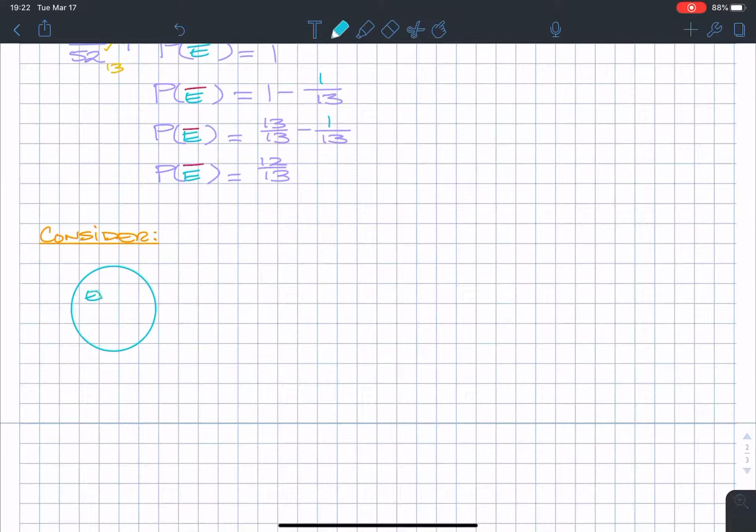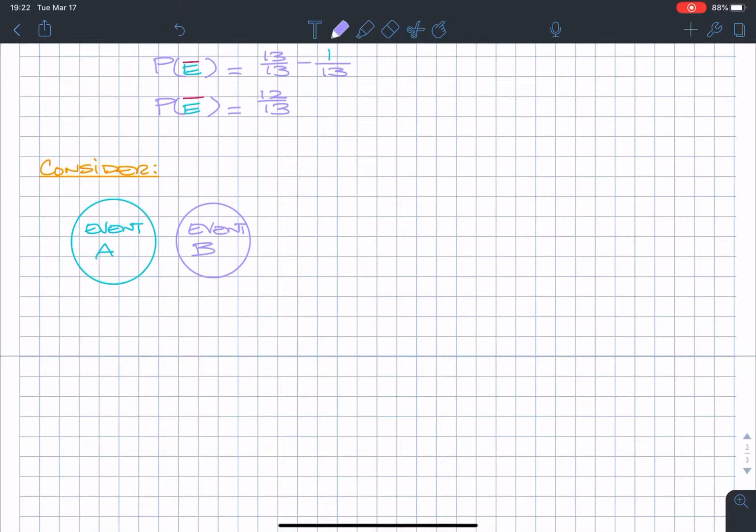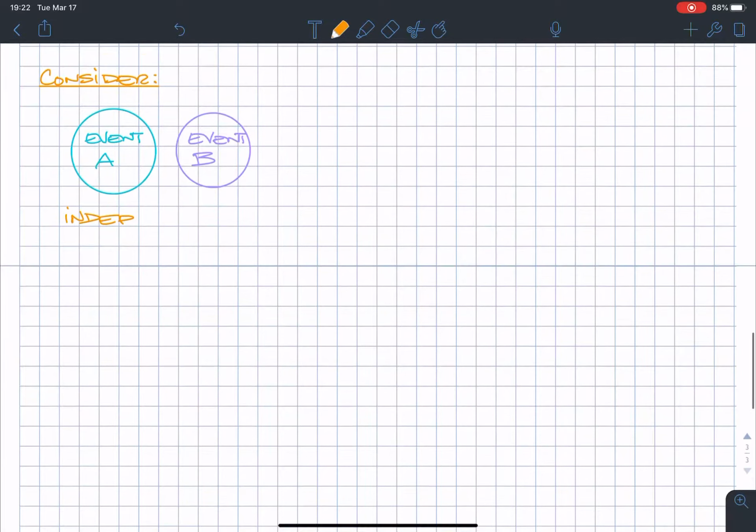So let's call this event A. And let's do another circle for event B. So these are distinct, independent events. Neither one depends on the other to happen in this illustration.